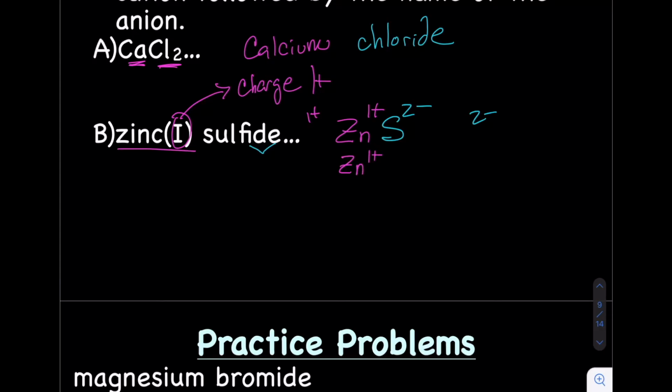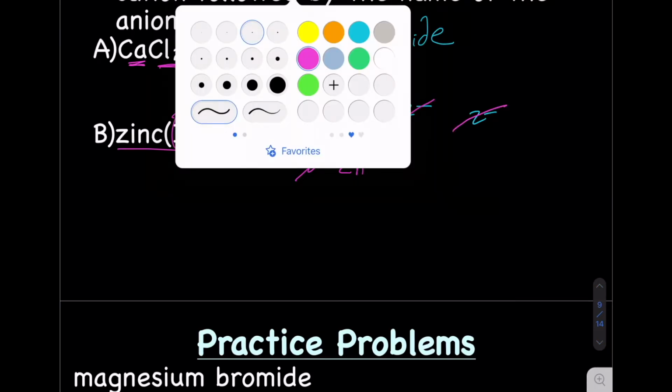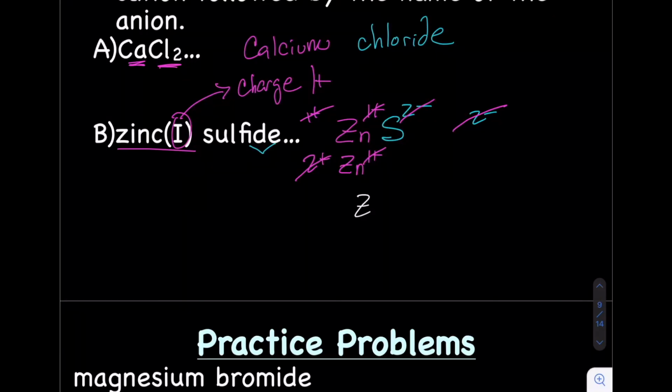Let's add another zinc. Now we have a total of 2 positives and 2 negatives. So our charges cancel out, and we now have the formula Zn and S. We have 2 zincs and 1 S. So there we learned how to go from the name to the formula.